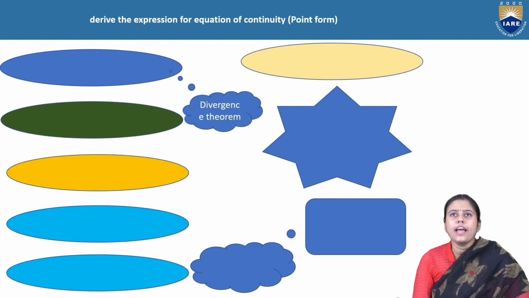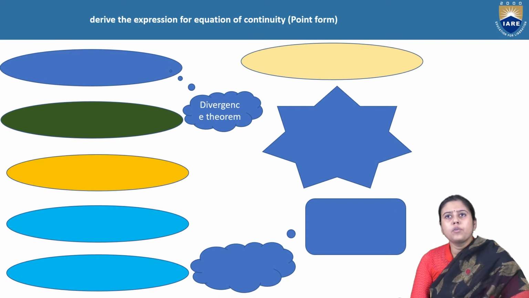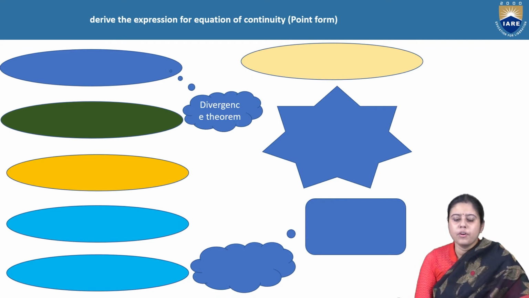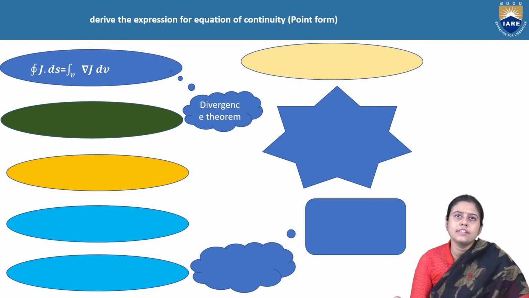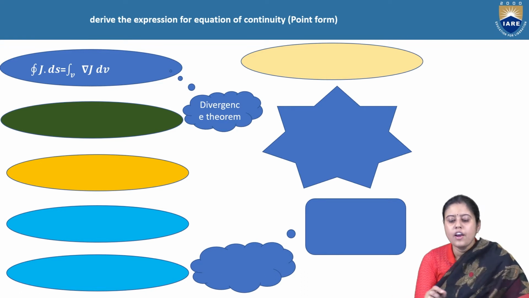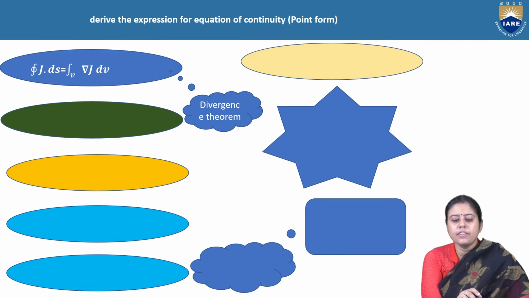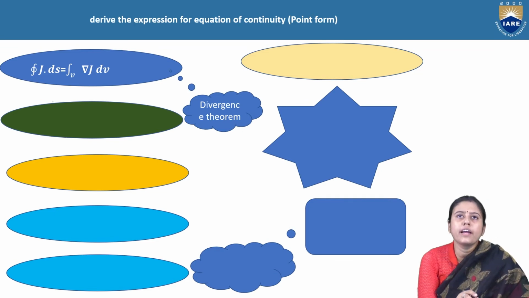Now we will derive the continuity equation in the point form. Let's start. Already we got that the integration of J dot ds is equal, from the divergence theorem, to the volume integration of grad dot J dv.